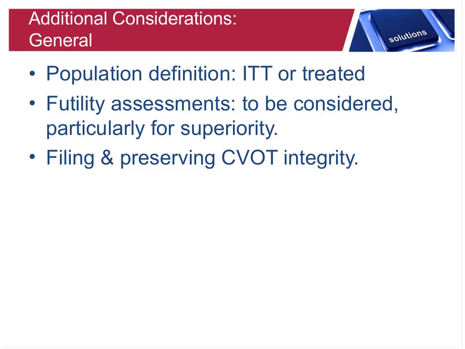And now, filing and preserving the outcomes trial integrity. For filing purposes, obviously all efficacy trials need to be unblinded, so they all have to be finalized prior to submission. But for the first strategy that I presented, the outcomes trial has to be ongoing, and the current standing with the FDA is that the sponsor could be allowed to keep this trial blinded.